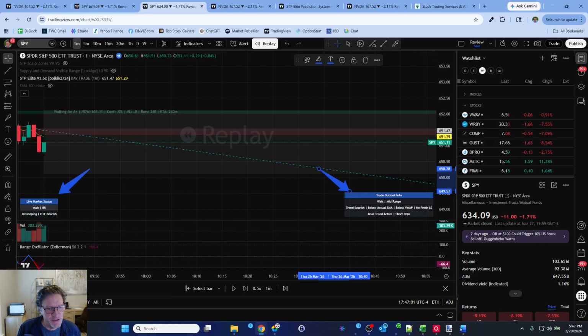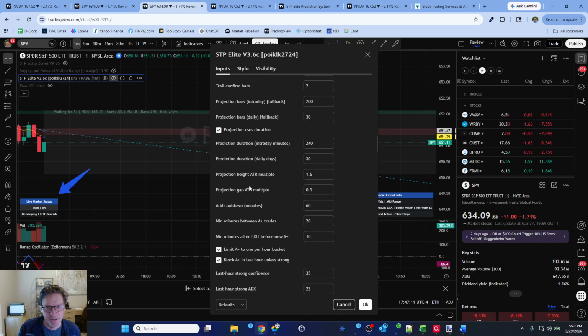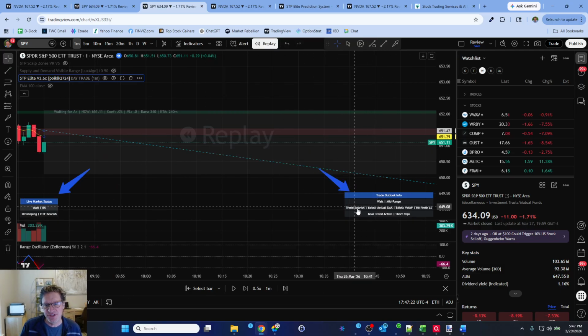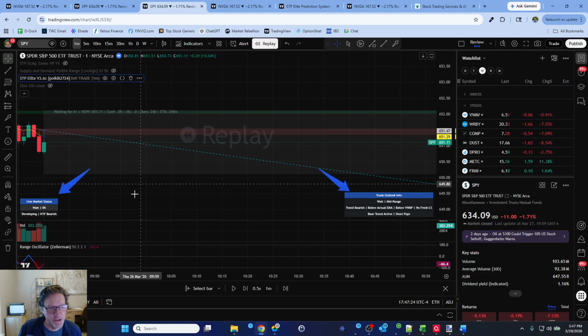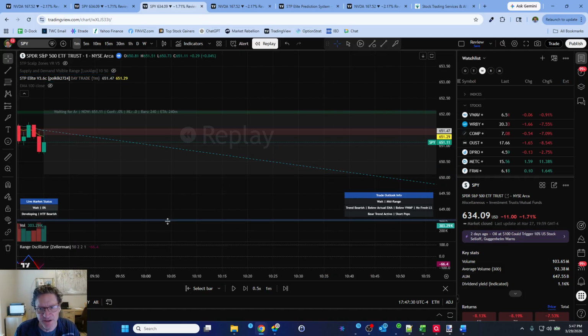And I typically don't start trading until about 9:45 and wait for the open range breakout. Again, that's a setting in my system. If we were to come down here, my open range breakout, I wait 15 minutes and then give me a one candle confirmation. You can adjust this however you want. Anyway, this is showing me right now I wouldn't enter a trade. And then this is what's currently happening in the trade based on the current candles.